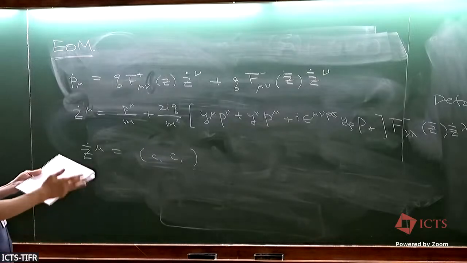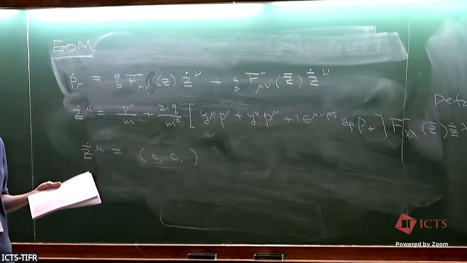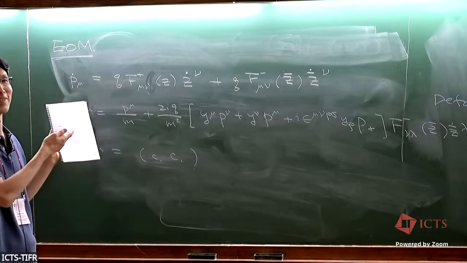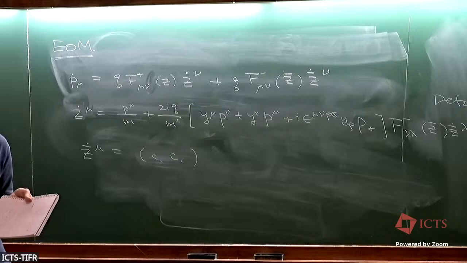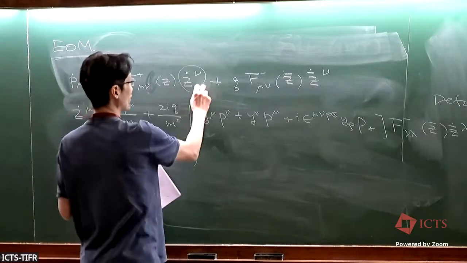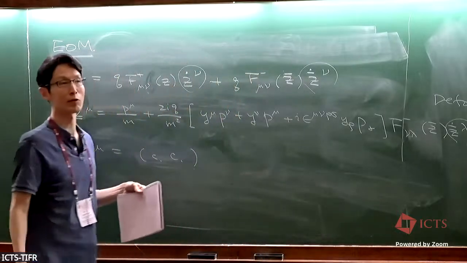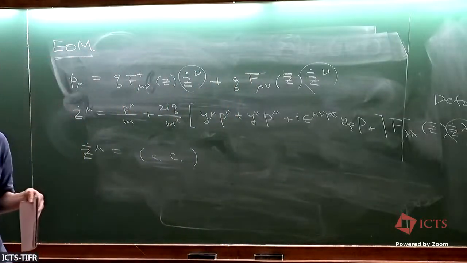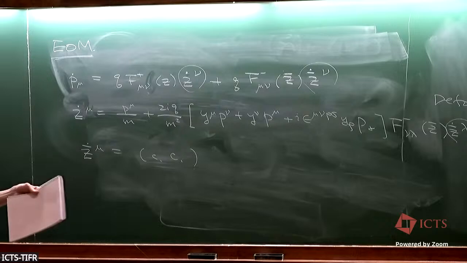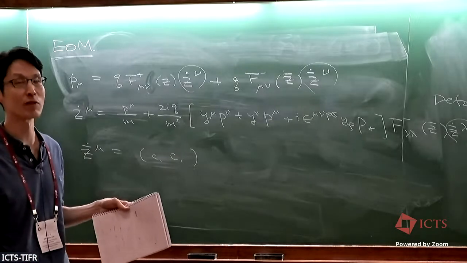In a sense, the equations are more complicated than they look on the blackboard because you have this time derivative on the right-hand side. So actually, you have to iterate the equation many times to produce higher and higher order terms.